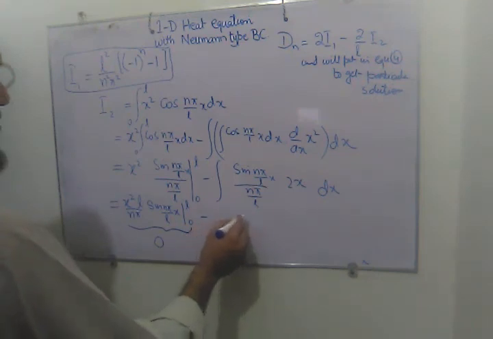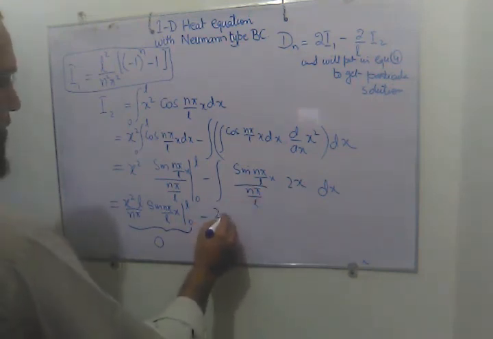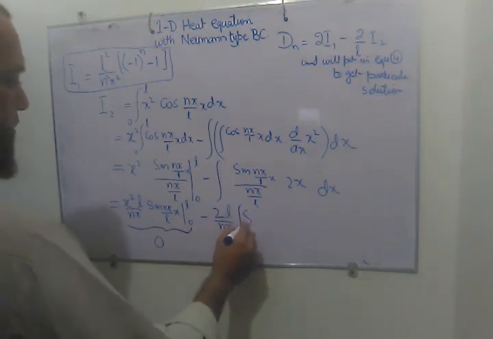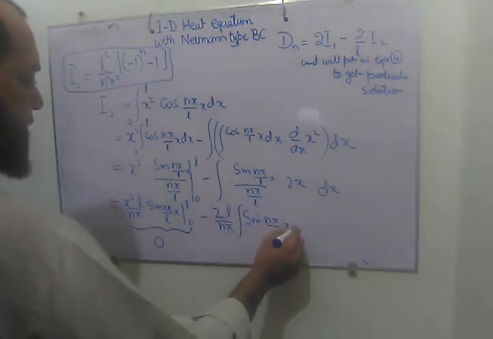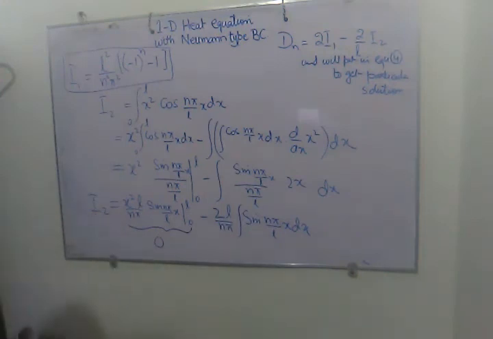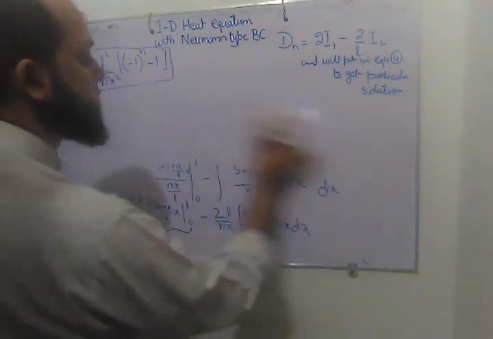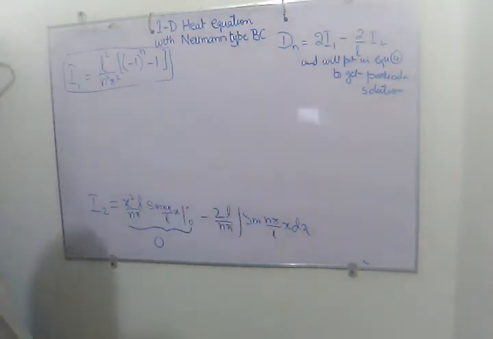term. We take out the constant minus 2 upon L upon n pi sin n pi upon L x dx. So the final situation for the I2 is there. We continue this question.